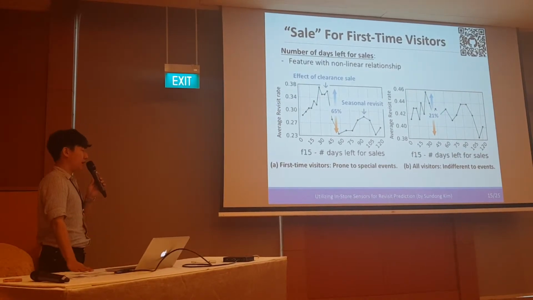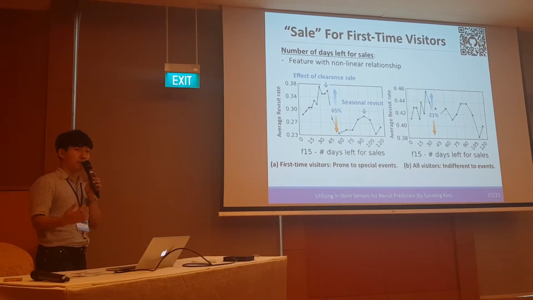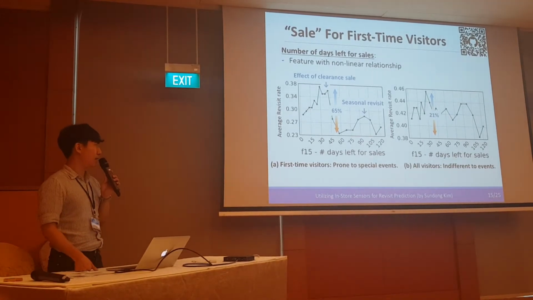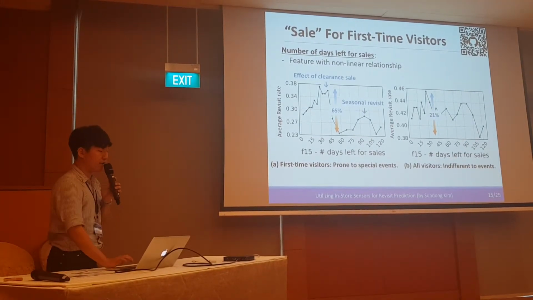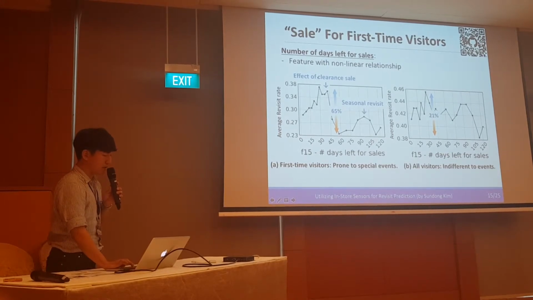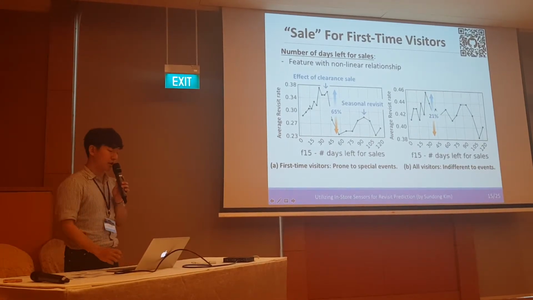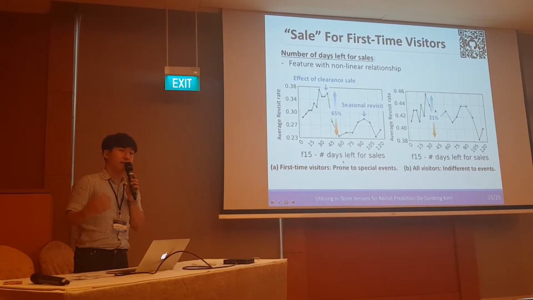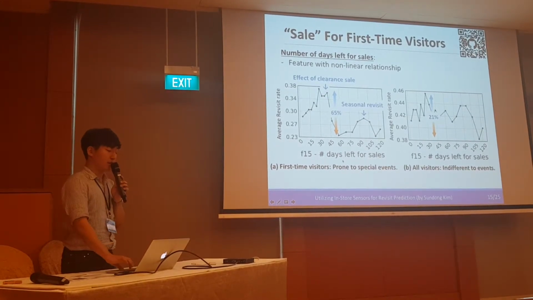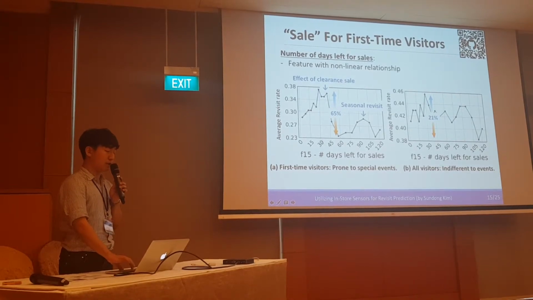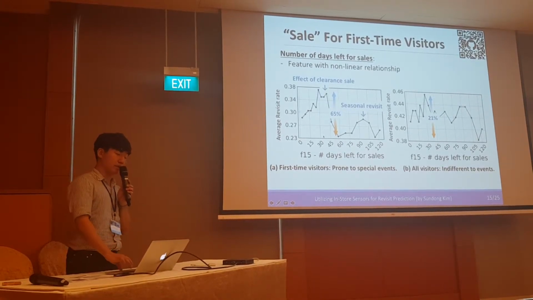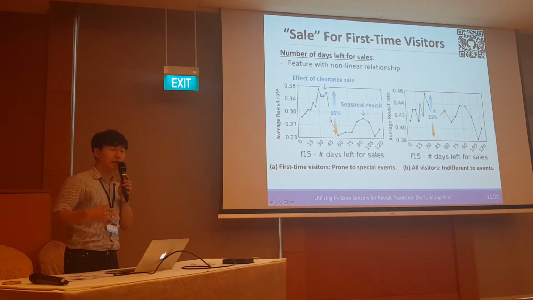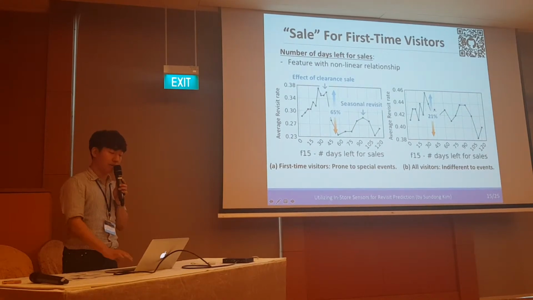This feature is about the difference between first-time visitors' and all visitors' behavior. First-time visitors are more prone to special events, such as a sale or wholesale event. A person who visited 1 month before the wholesale event might revisit with 38% probability because there will be a sale after 1 month.